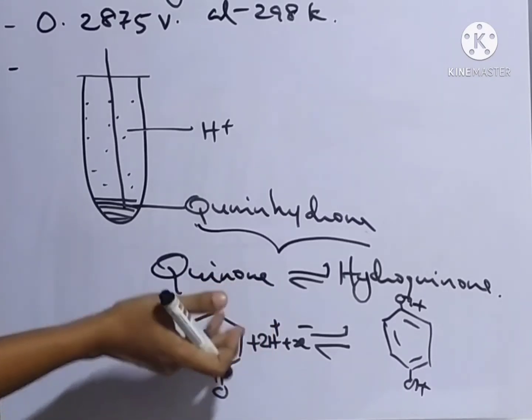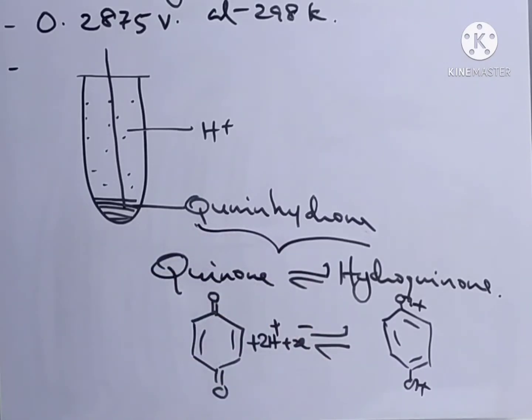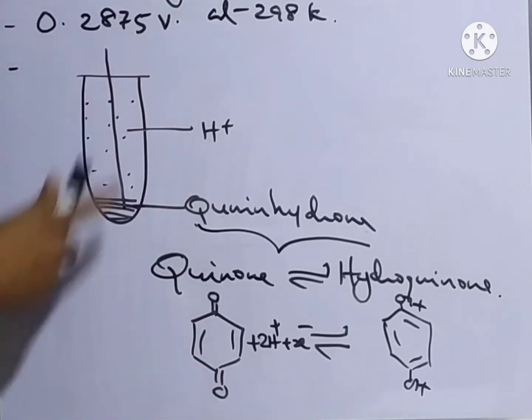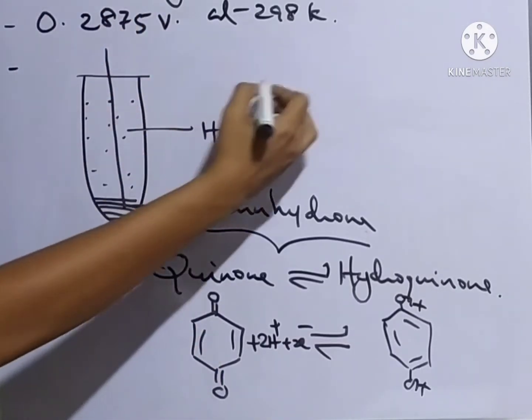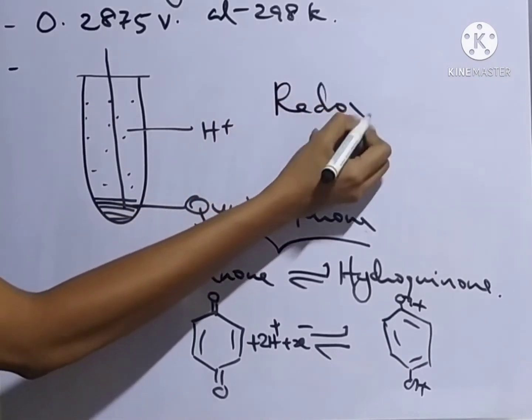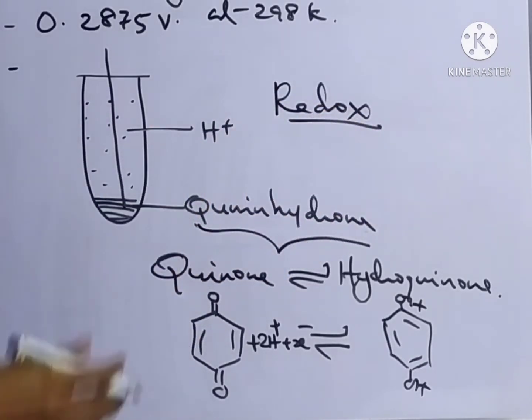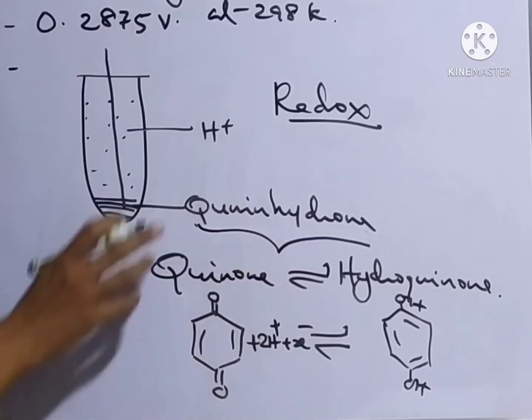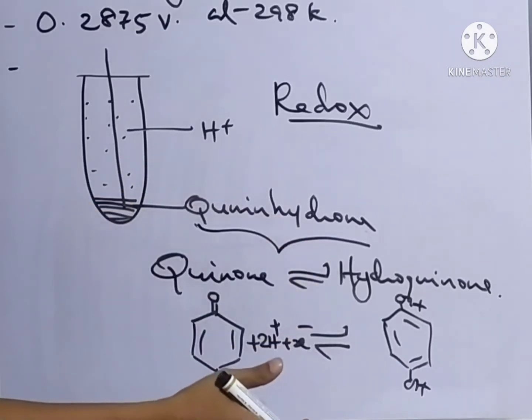So a redox reaction between quinone and hydroquinone, and this type of electrode is classified as a redox electrode. Redox electrode means an oxidation reduction reaction takes place between the same species.